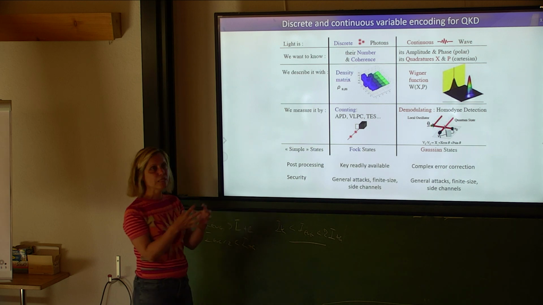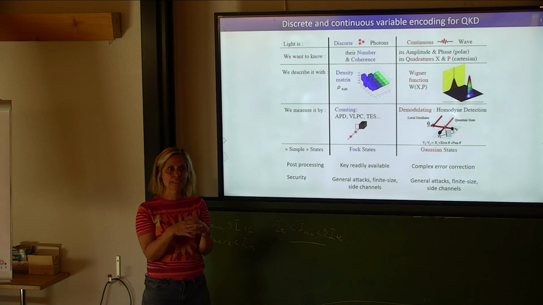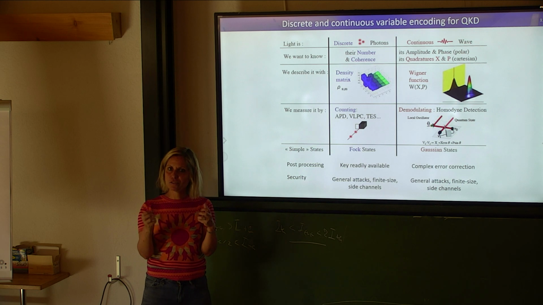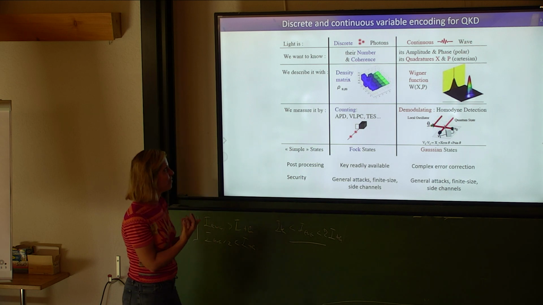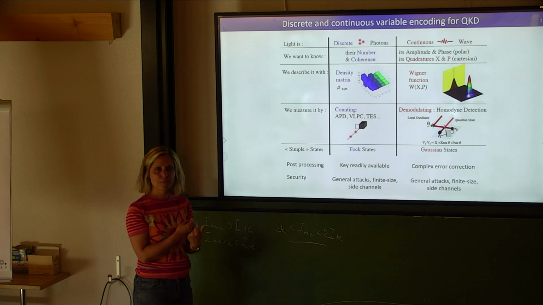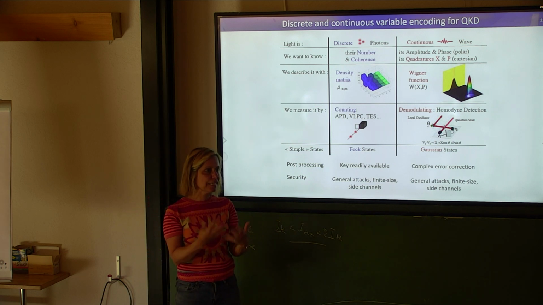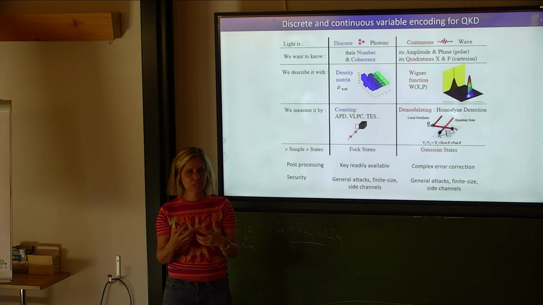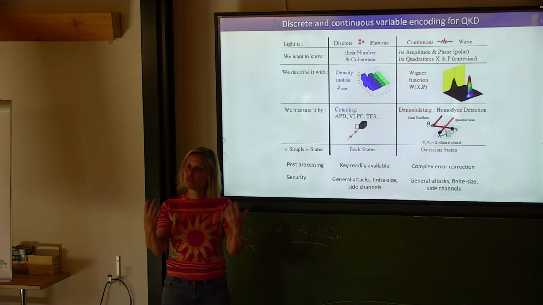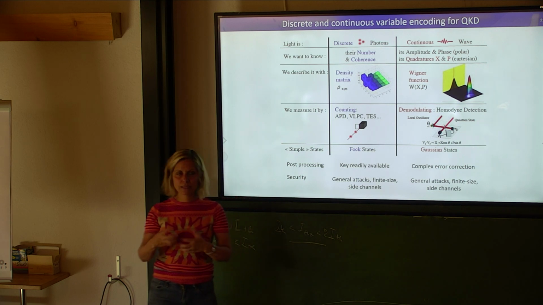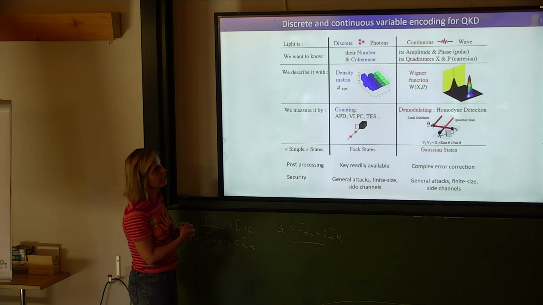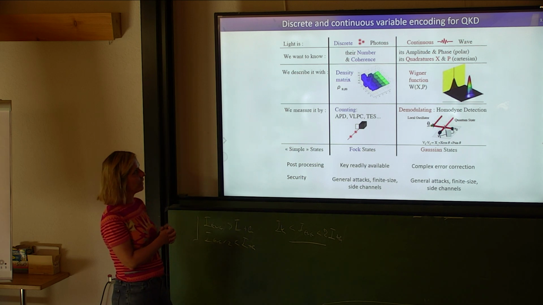It's no longer the case that we use, for example, coherent states to simulate single photons, and we spent quite a bit of time to see how you do this in discrete variable QKD. In continuous variable QKD, you naturally encode information on coherent states, or on squeezed states, or whatever states are prepared, where you can have these continuous values.